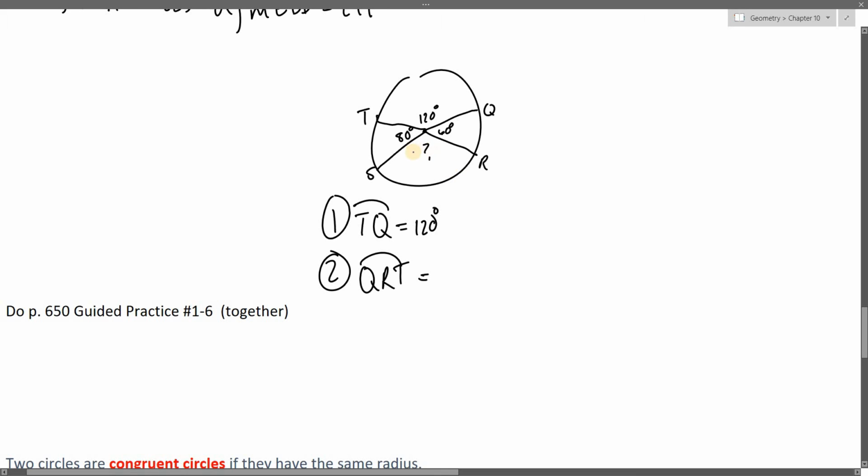All right, so you should be thinking, because these two are vertical, that this is also 120 degrees. Now add them up and make sure it adds up to 360. So you've got 120 plus 80 is 200. 200 plus 120 is 320. 360. So I'm missing something.